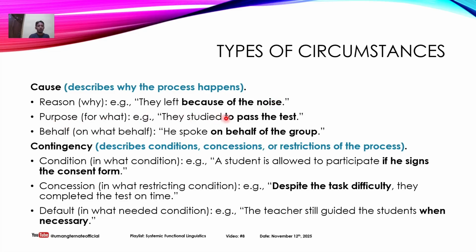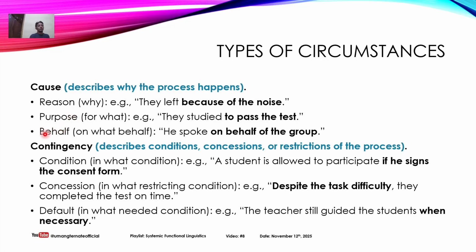They studied to pass the test. So to pass the test is the purpose of study, meanwhile the noise is the reason why they left. So they are different. There is a difference between the reason and the purpose.